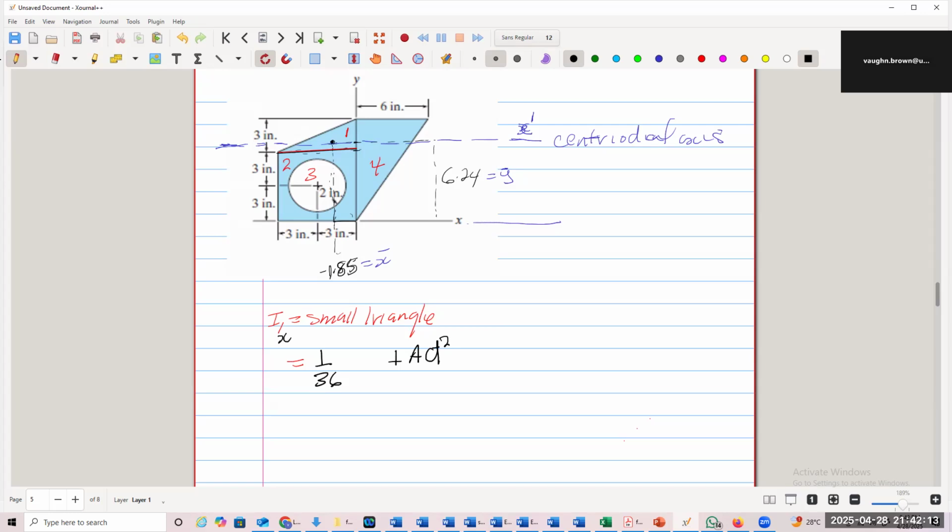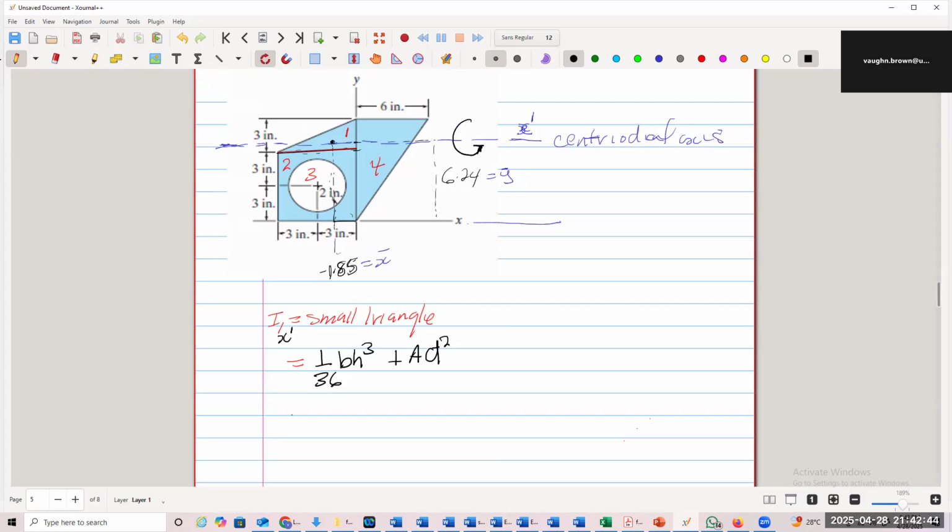So you must say it's going to be BH cubed. Because with IX prime, you find it around the x-axis, so the body is going to turn around this axis. It tends to want to turn around that axis. So it's around the x-axis, but you're using the y components. Does that clear up the misconception there?